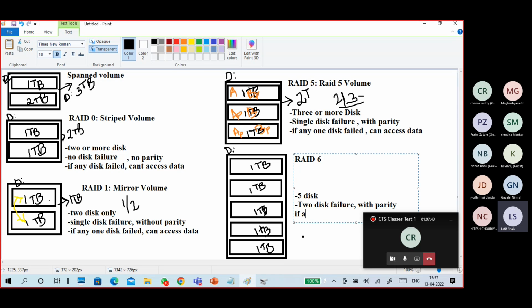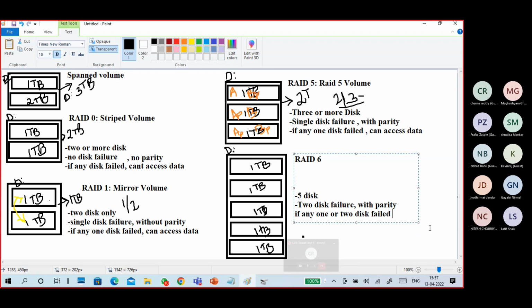If any 1 or 2 disks fail, you can still access the data.